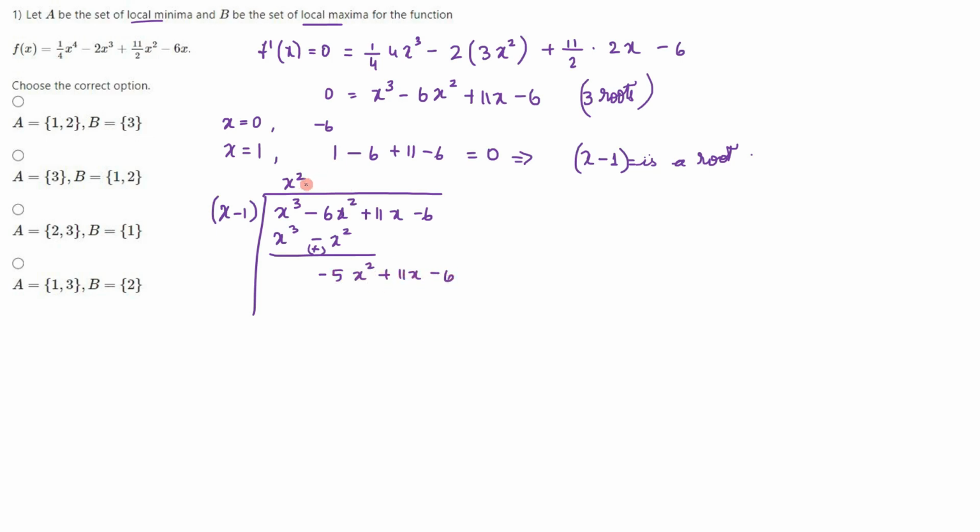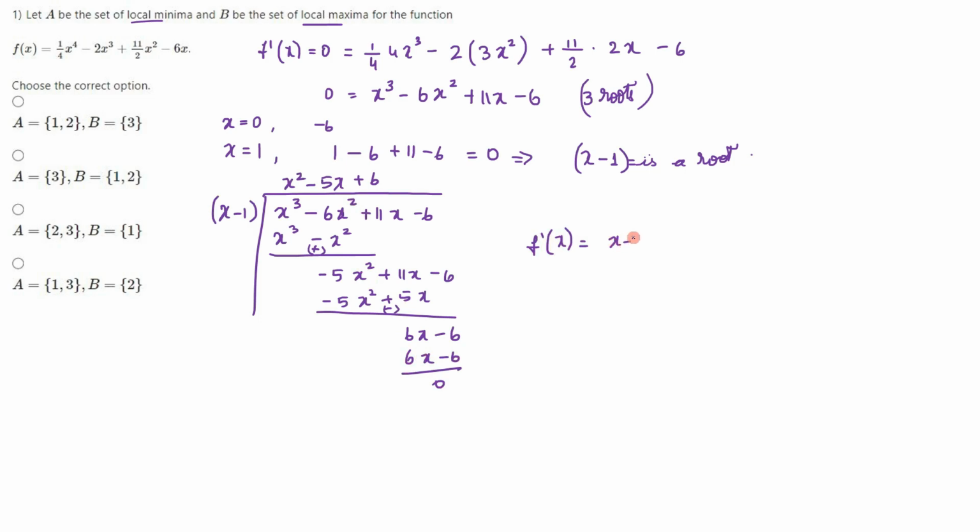Again, we have minus 5x, so we have minus 5x square, minus into minus plus 5x. Again this is cancelled. We have 11 minus 5 is 6x minus 6, again plus 6. If we multiply, we have 6x minus 6, and the remainder is 0.